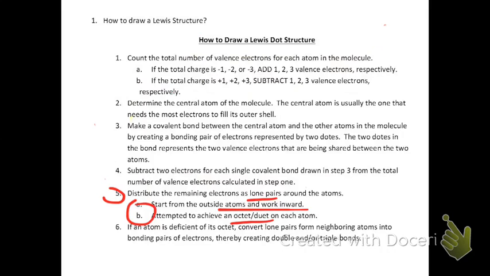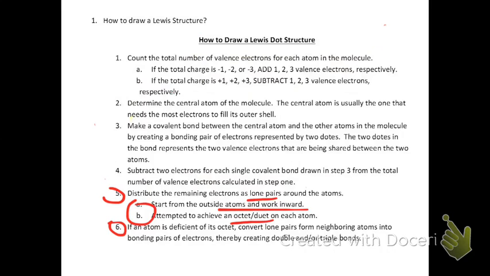Again, always put lone pairs on the surrounding outward atoms, and then you're going to work into the center and put lone pairs there on whatever's left over to get us a full, complete octet. Oh, by the way, the octet means 8. So the octet rule just means we have to have 8 valence electrons around the central atom. The duet rule just means that we only need to have 2 electrons around the central atom for it to be happy. All right?